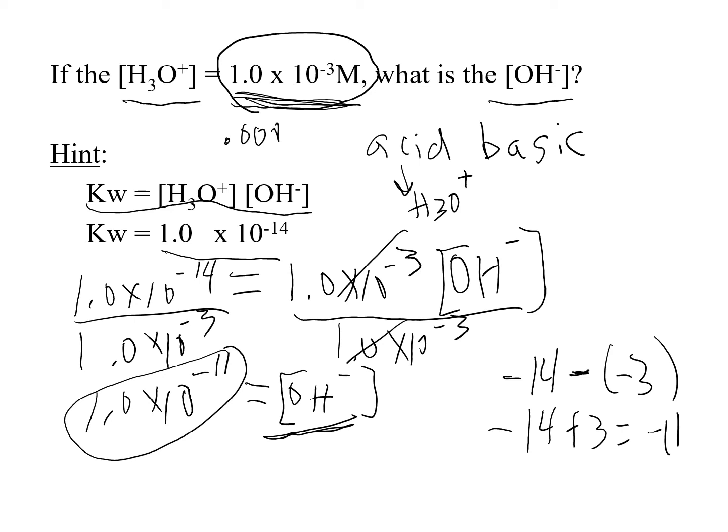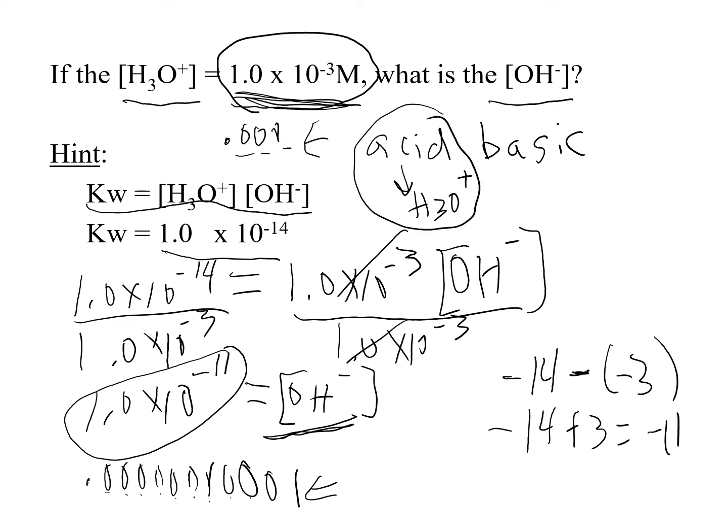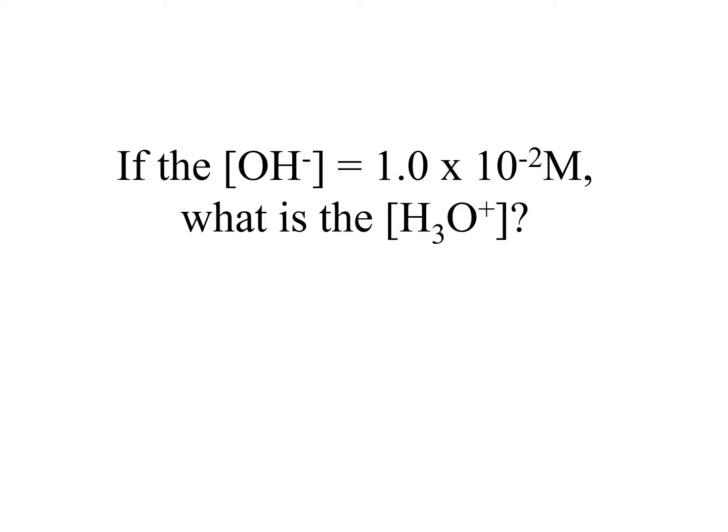So 1 times 10 to the negative 3rd is 0.001 versus this one, you have a bunch of zeros. I should count these correctly: 1, 2, 3, 4, 5, 6, 7, 8, 9, 10, 11. So this obviously is a much tinier number than the one up here. So it means we have more hydronium ions, so our solution should be acidic. And that's why we're doing these calculations, to determine if our solutions are acid or base.